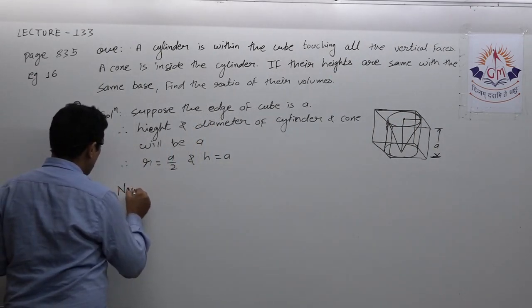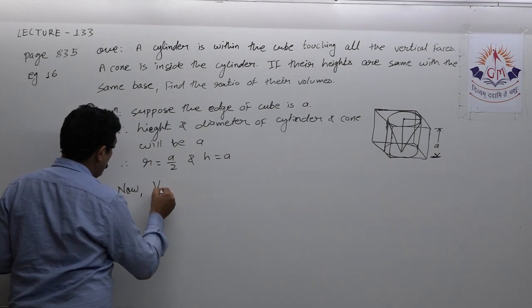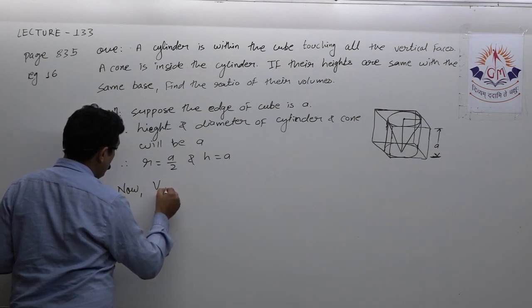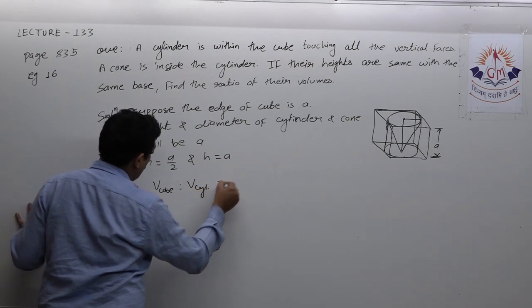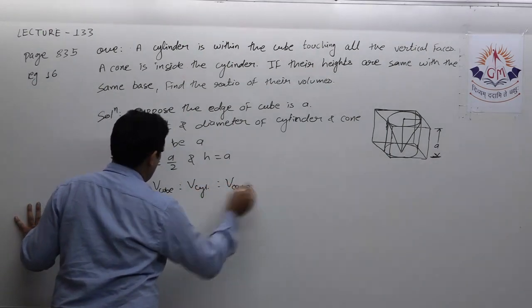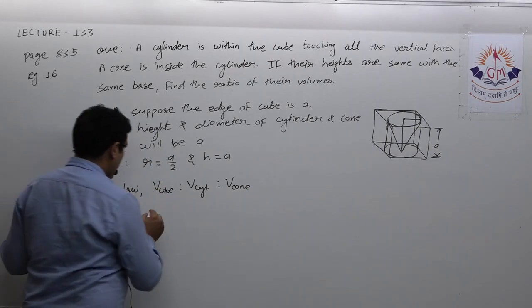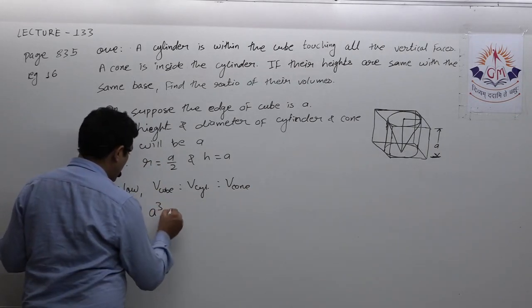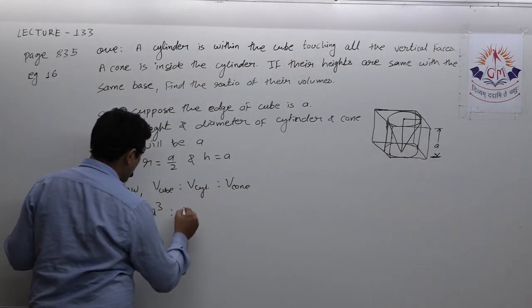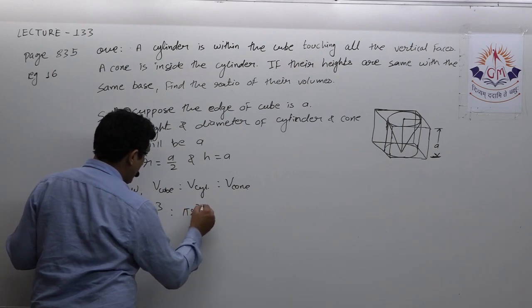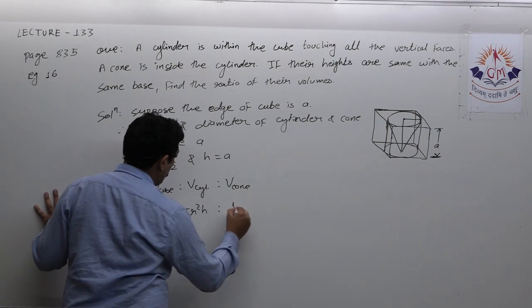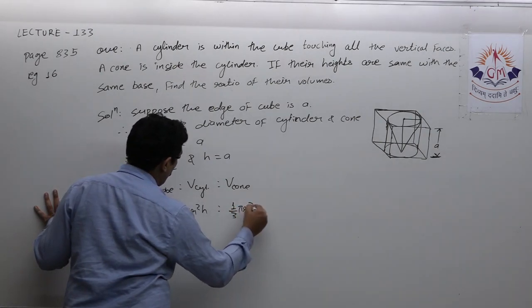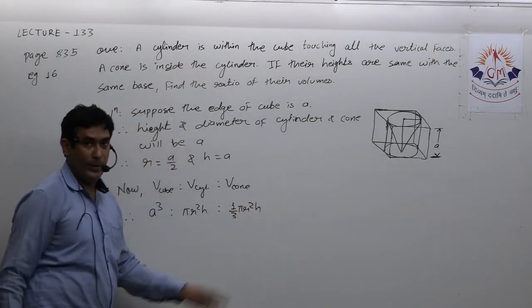Now volume of cube is to volume of cylinder is to volume of cone. First of all we'll put the formulas: A cube is to pi r square h is to 1 by 3 pi r square h.